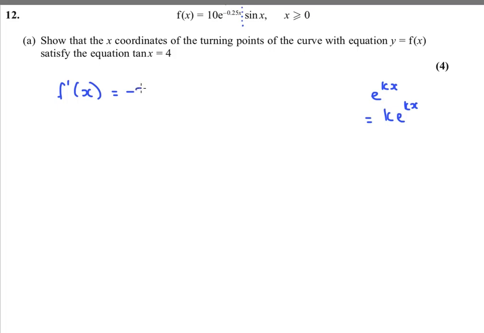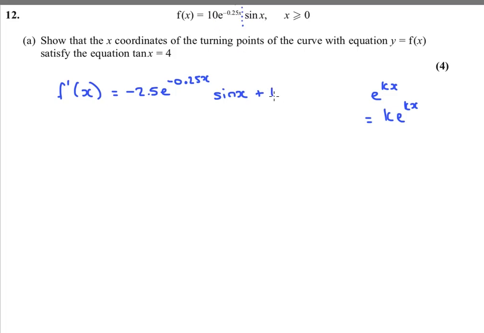So that's going to be negative 2.5 e to the negative 0.25x. And then we're going to times that by the second function not differentiated. And then add on the other way around, so leaving this one alone and differentiating the second one.